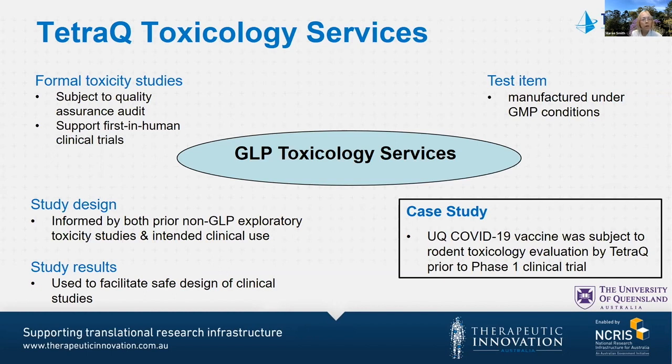And the study results are used to facilitate safe design of clinical studies. And very topical, a case study recently done this year was to test the UQ COVID-19 vaccine in a rodent toxicology study prior to the initiation of the phase 1 clinical trial.